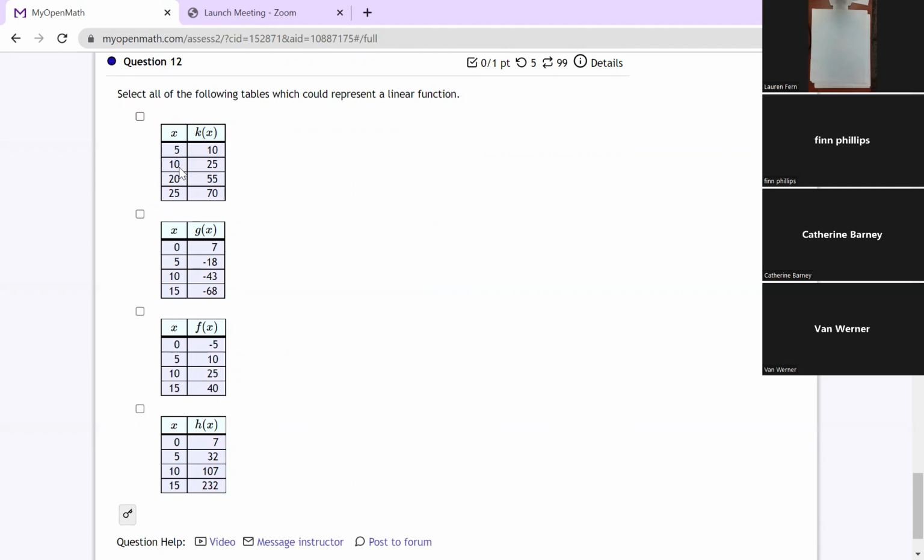Do you agree here as my x changed by 5, my y changed by 15? Here, okay, so I'm going to annotate this. So as my x changed by 5, my y changed by 15. What's the slope here? 3.